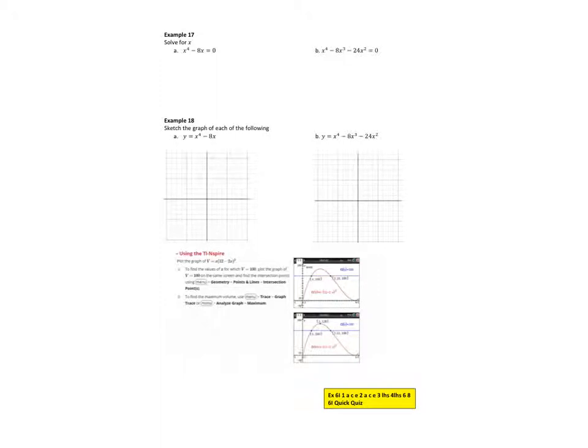For an x to the 4 graph, we can have 4 individual intercepts. That means our graph will go something like that. Maybe there's the 4 intercepts: 2 negative, 2 positive, so we might look something like that.